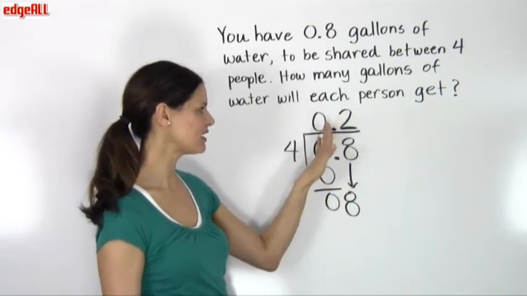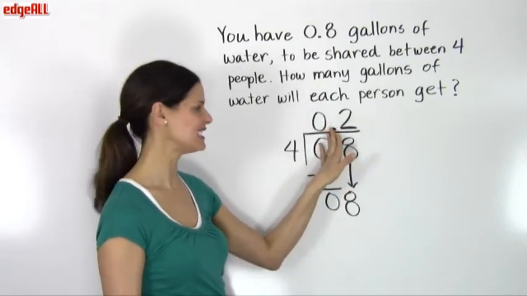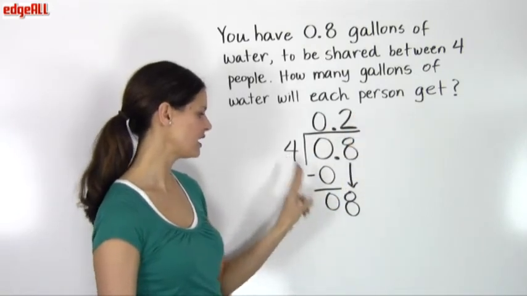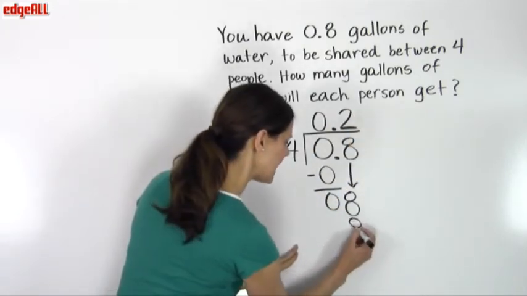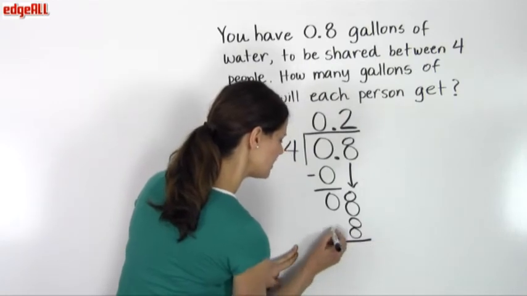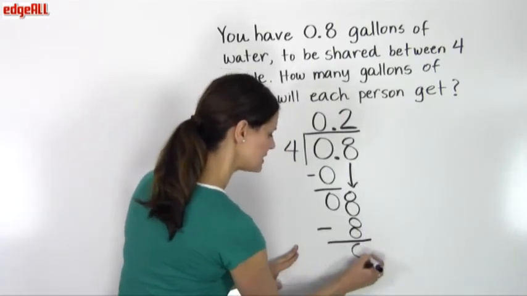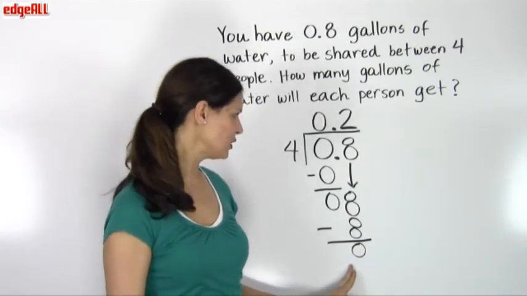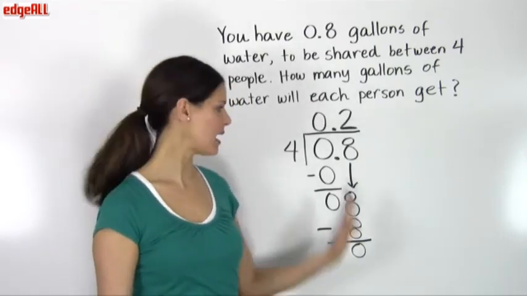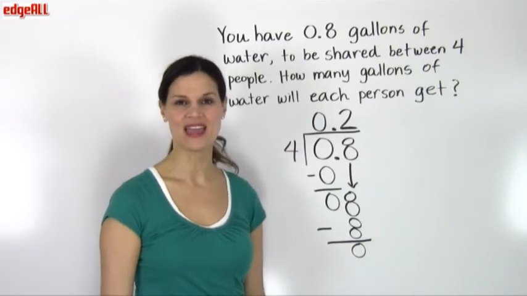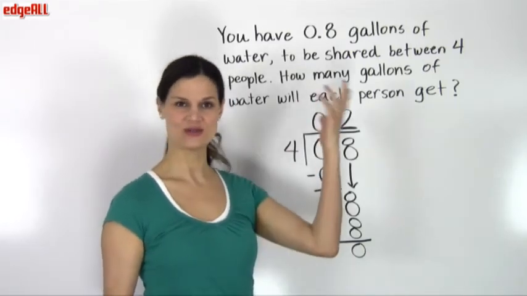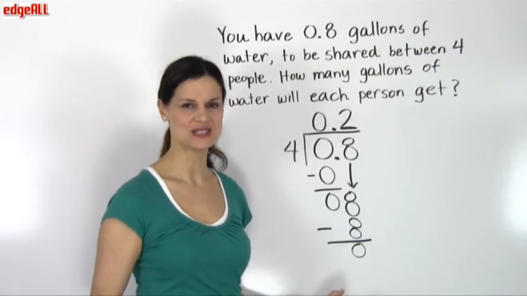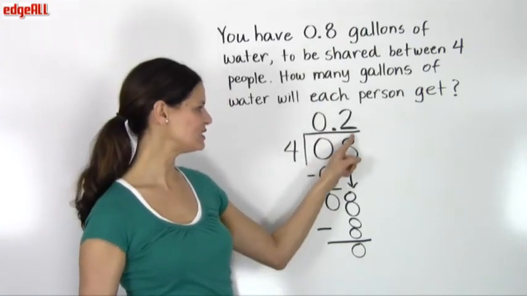And I perform the calculation, again not worrying about the decimal, I perform the calculation of 2 times 4 equals 8, and I place my answer here and subtract 8 minus 8 equals 0. And so I have no remainder, which means I am finished with the calculations of this problem, and the answer to the question, or the quotient of my long division problem, is 0.2.